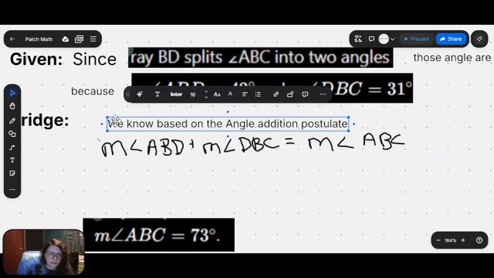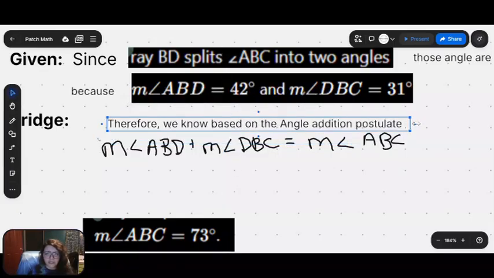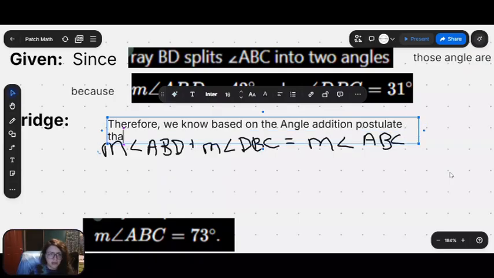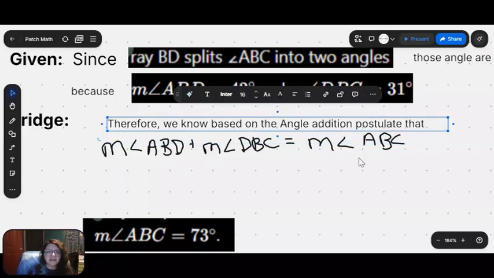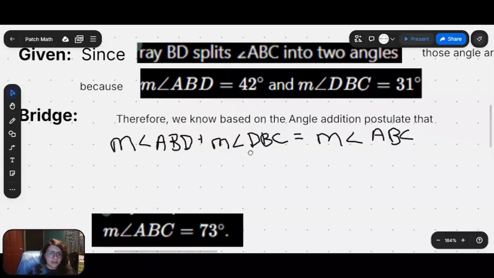Technically, we need to put a therefore here. Therefore, we know, based on the angle addition postulate, that the measure of angle ABD plus the measure of angle DBC is going to equal the measure of angle ABC.